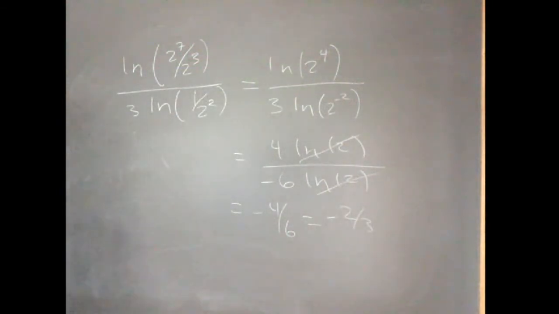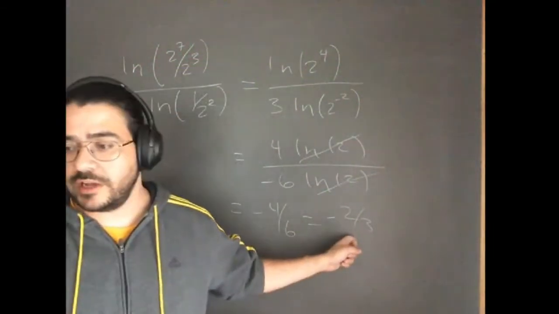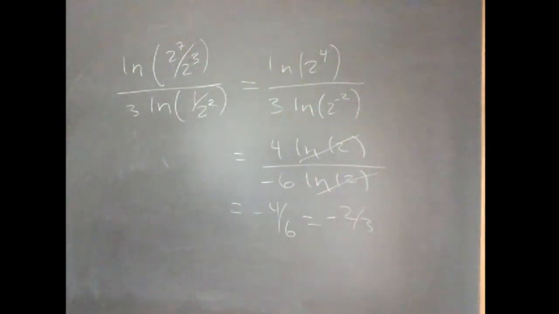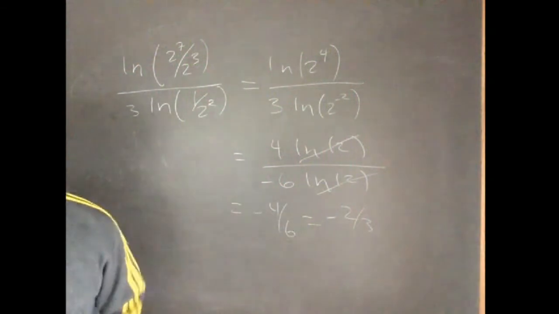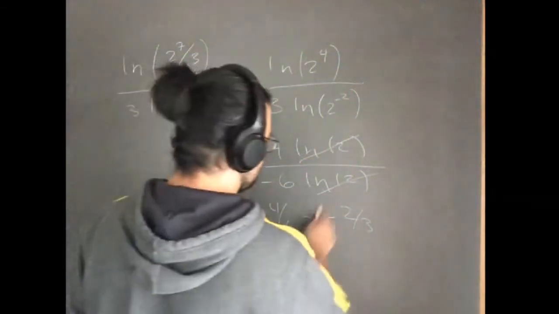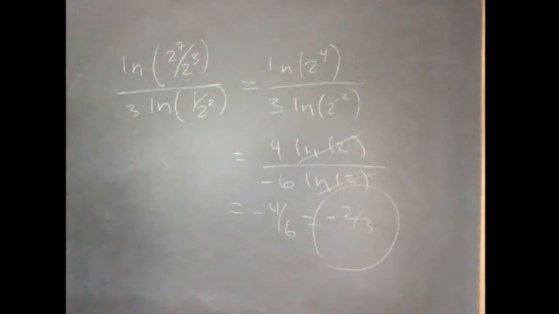So if you typed in negative 2/3 into Infinity as well, you get the right answer as well, right? Okay, so this guy should have been fine, but it's also equal to negative 2/3, the point here. So I'll just circle this one because this is completely simplified.